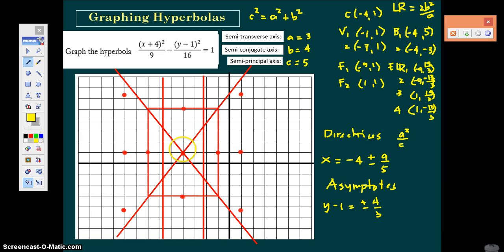Again, we got the slope from rise and run. 4/3 of x minus the point, which is negative 4, so x plus 4. So there you go. We have here the completed parts of the hyperbola: center, vertices, foci, endpoints of conjugate axis, latus rectum, directrices, and asymptotes. Now we will draw the hyperbola.